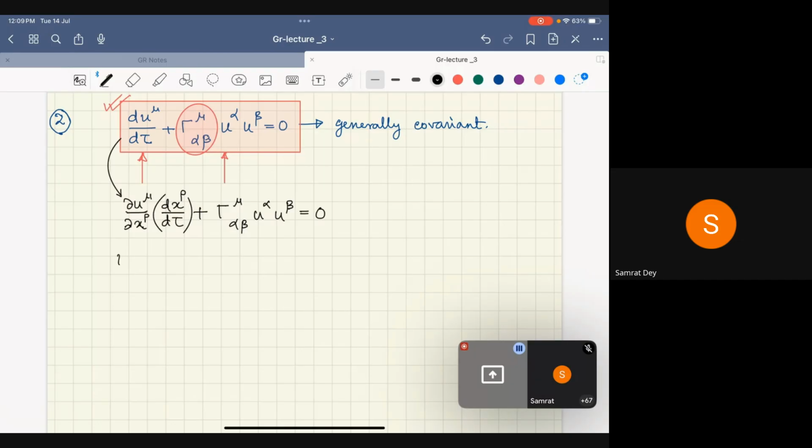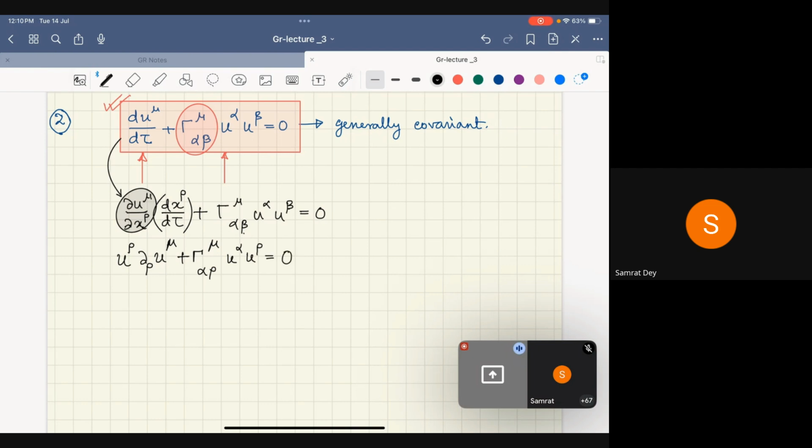So I will write it as u^rho, and this term which is in this circle here, I will write as partial derivative del_rho u^mu plus Gamma^mu_alpha_beta, and in this expression I note that alpha and beta are both repeated indices, therefore they are dummy. So I will exchange one of these indices, say beta, with rho.